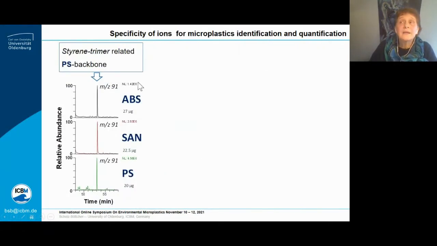Another example is the polystyrene backbone. Even if we take the very indicative trimer as an indicator compound, acrylonitrile butadiene styrene rubber or styrene acrylonitrile copolymers have the same signature as pure polystyrene.